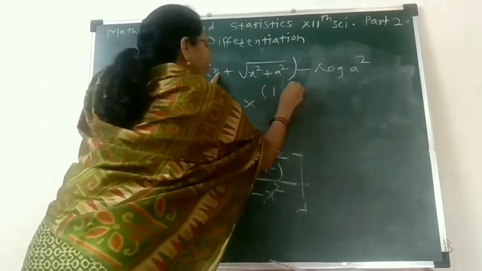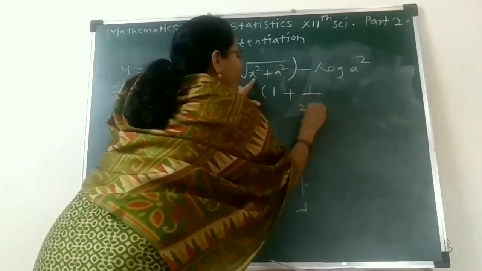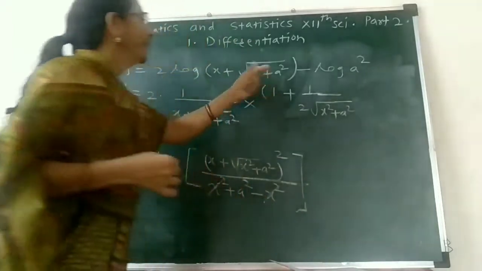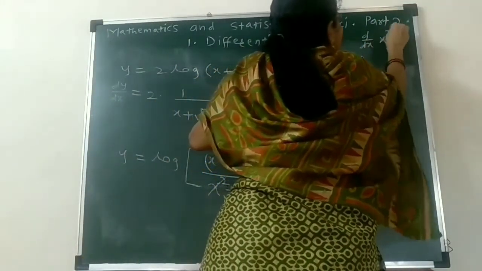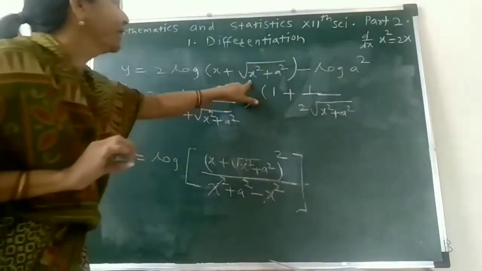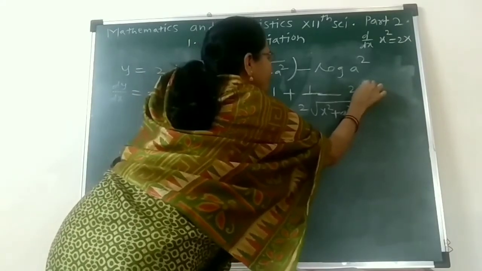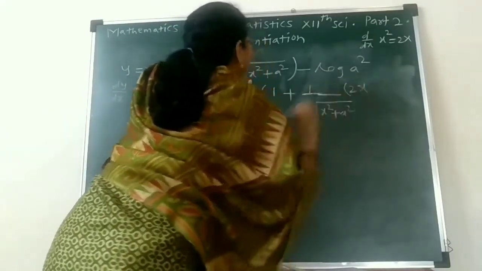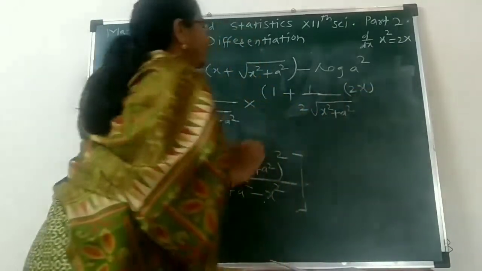Derivative of x is 1 plus derivative of this root term, which is 1 upon 2 root x square plus a square, again into the derivative of x square, which is 2x. Always remember d dx of x square is 2x. Plus derivative of this constant is 0. So don't write the 0 in this way.